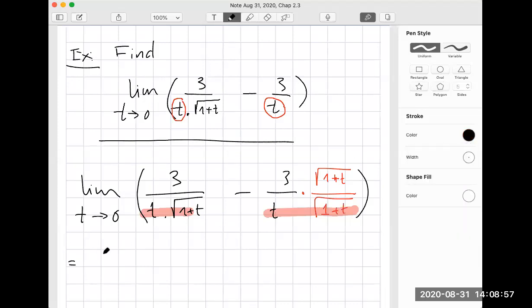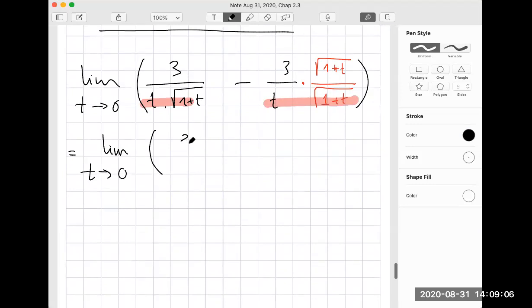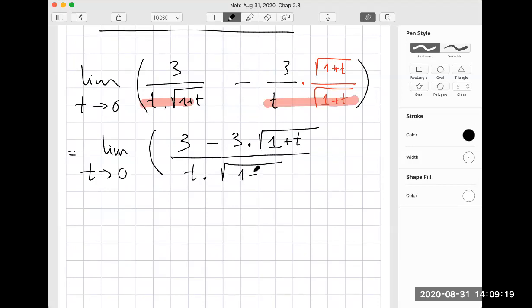Okay, it is the limit when t approaches 0 of the numerator, subtract the other guy, divided by the same denominator, okay?